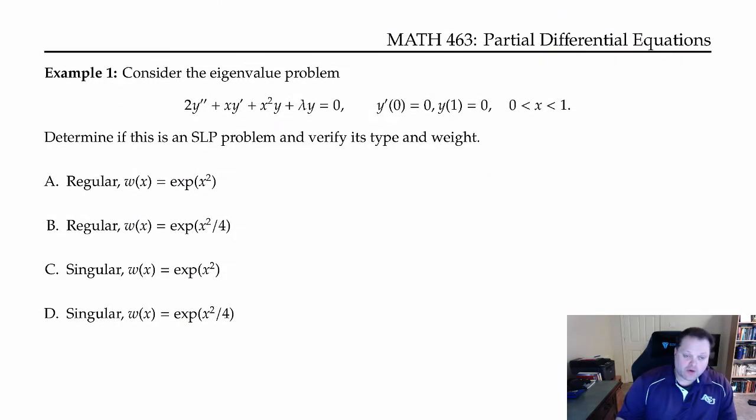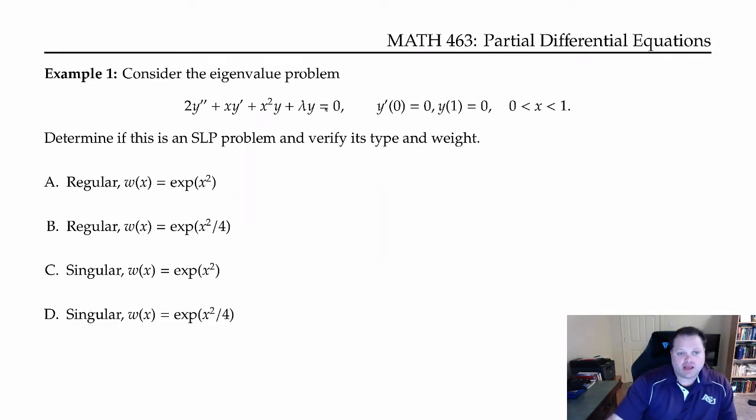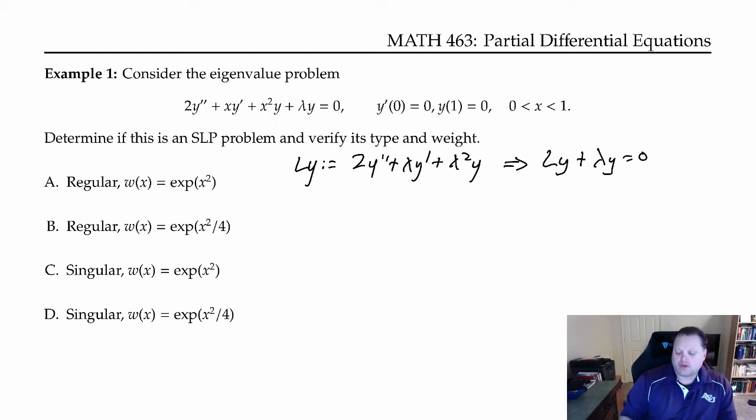All right, so here we have a general eigenvalue problem, just to make it clear kind of the relationship here. Ly on this problem is 2y double prime plus xy prime plus x squared y. And so this problem originally is in the form Ly plus lambda y equals 0. So that's our eigenvalue problem.